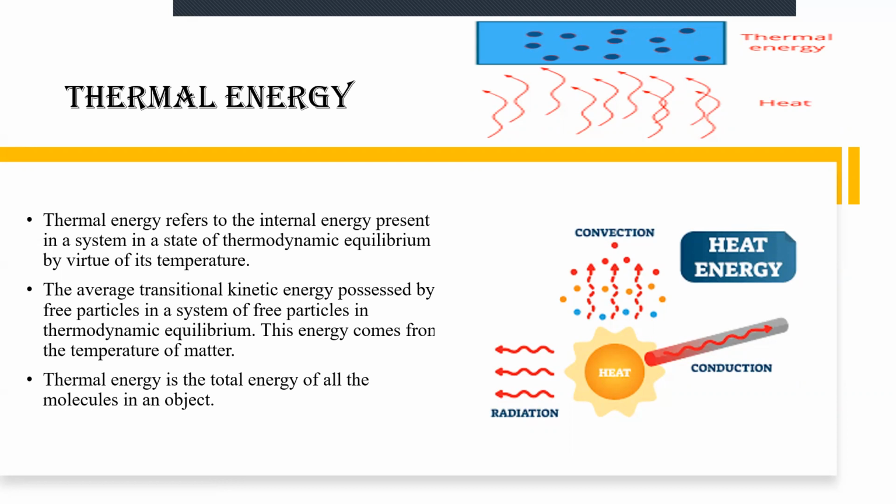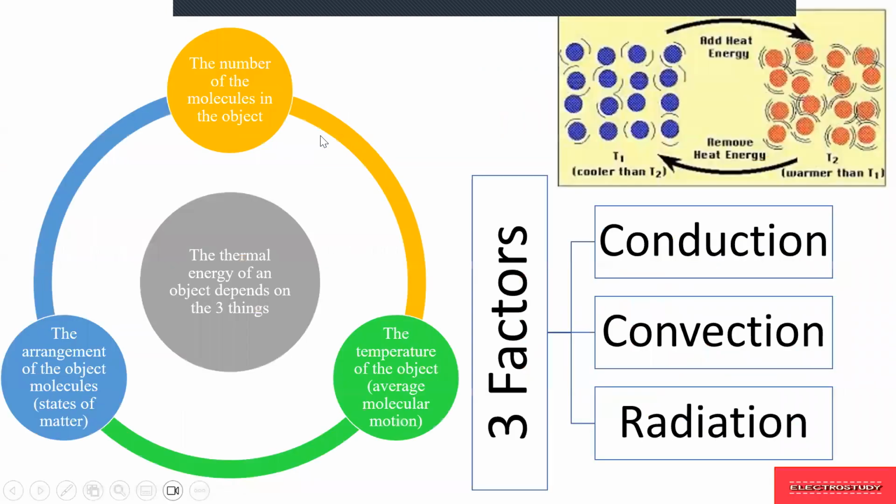When the kinetic energy is possessed, there is an energy having a temperature across it. That is the total energy that a molecule is holding in an object, which in turn is termed as thermal energy.